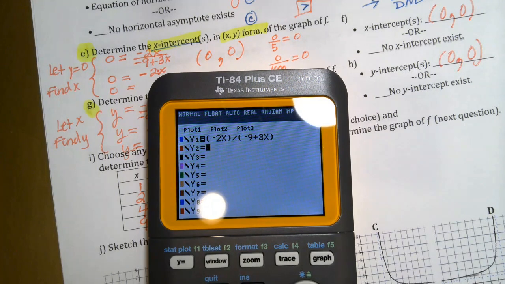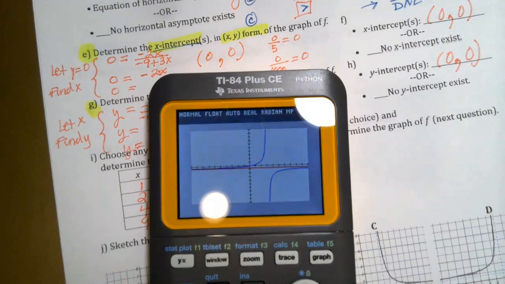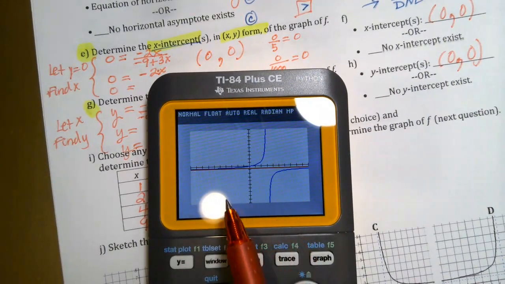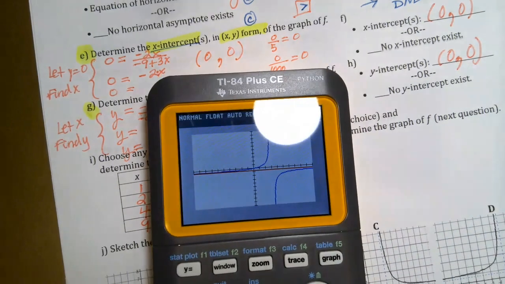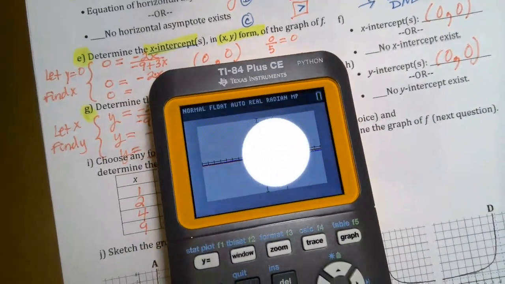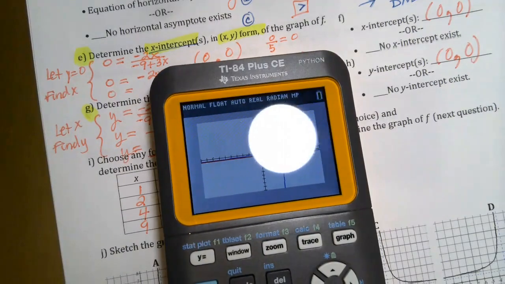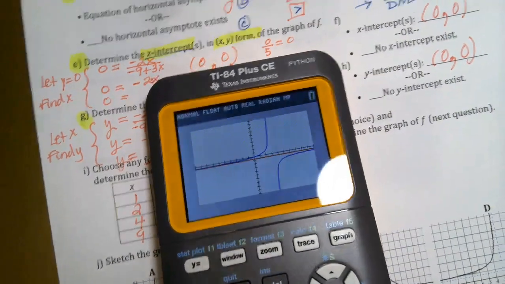So I'm going to add that line in, y equals -2 divided by 3. And I'm going to press graph, and notice it sketched in a horizontal asymptote for me. And so I need to find the graph where the horizontal asymptote is at -2/3.